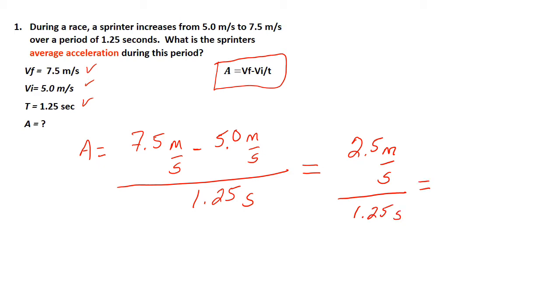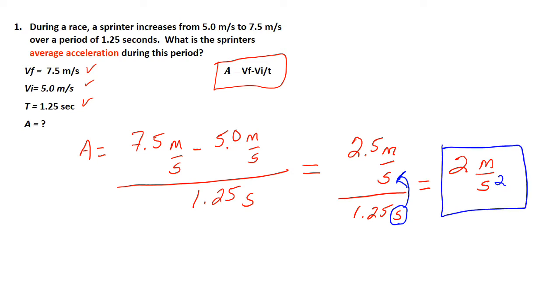Run that through your calculator. I get 2. My units will be meters over seconds, and remember that the seconds down here actually come up and are multiplied, so I have seconds squared. So the acceleration would be equal to 2 meters per second squared.